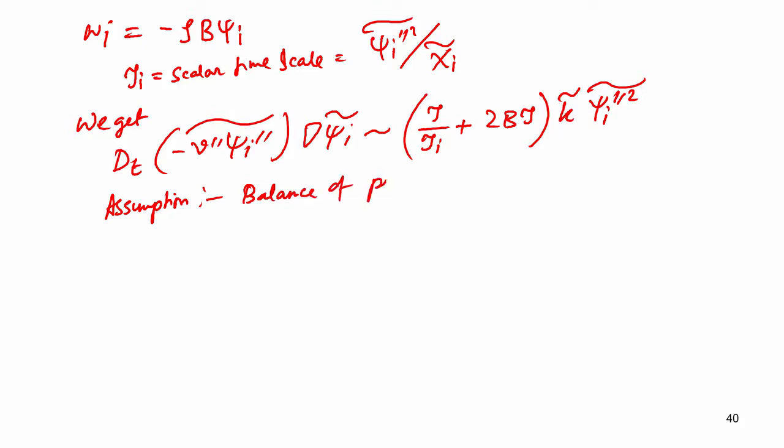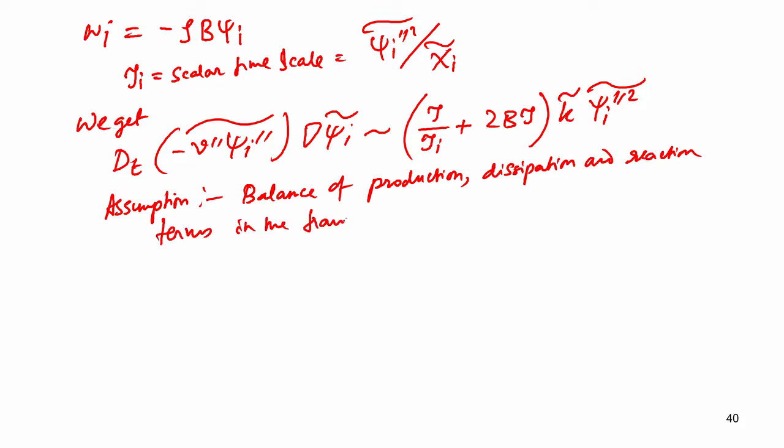balance of production, dissipation and reaction terms in the transport or evolution equation of the scalar covariance. Okay.